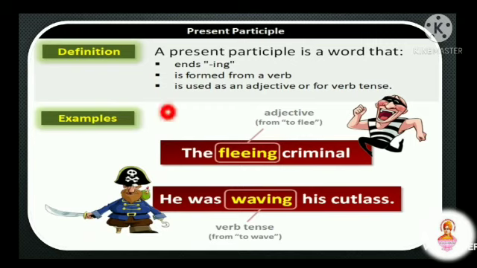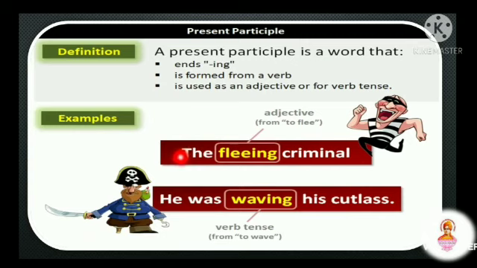Now see how to identify it. A present participle is a word that ends in ing, usually formed from a verb. Here we will see that the present participle can be used as an adjective or for verb tense also.